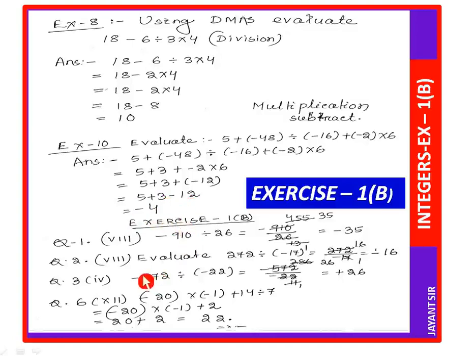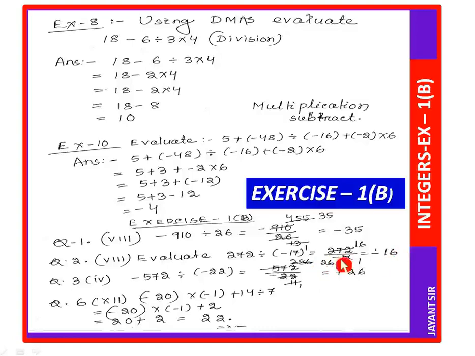Children, open your exercise 1B, question number 1, part 8: minus 910 divided by 26. Minus by plus, opposite signs, so negative. Reducing, we get minus 35. Question number 2: evaluate 272 divided by minus 17.